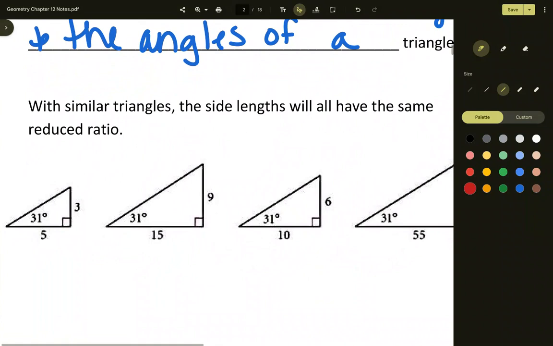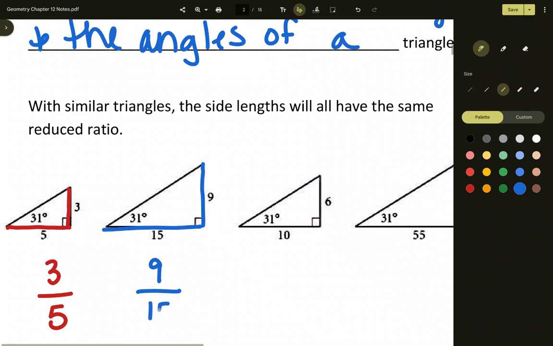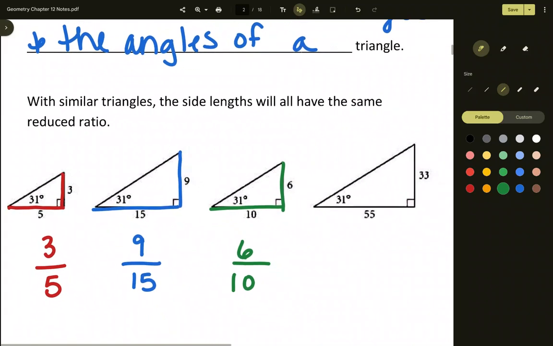So for example, on this one, we can see we have a height of 3 and a base of 5. If I look at the next triangle and compare those two same things, we have a height of 9 and a base of 15. The next triangle, height of 6, base of 10. And then our final triangle, height of 33, base of 55.